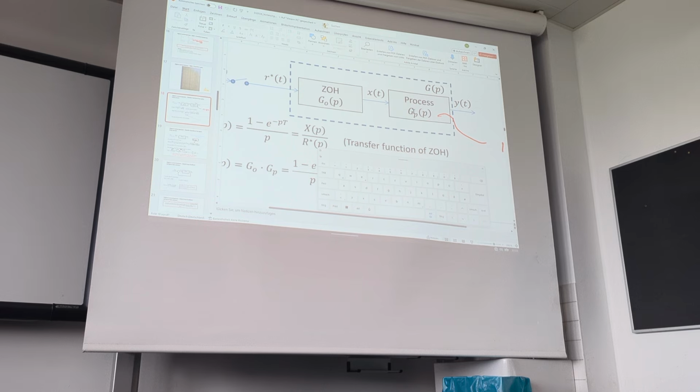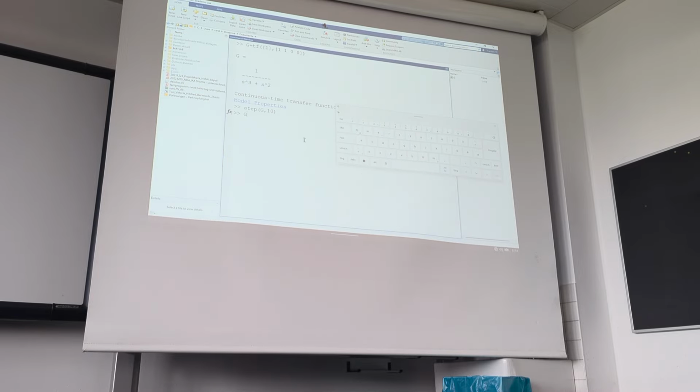So that was actually the GP of P, so I should call that actually GP. So GP is equal to G. The G is the discrete function.